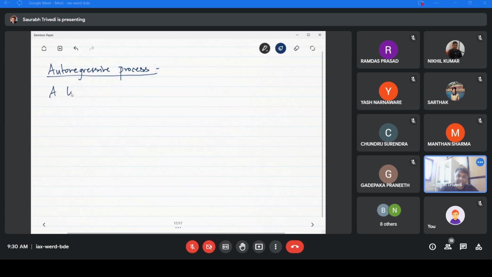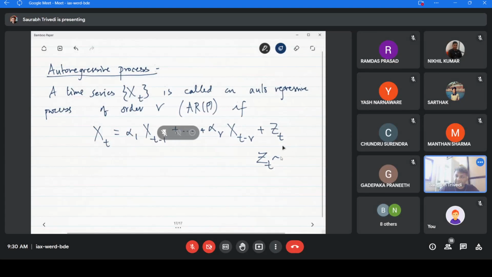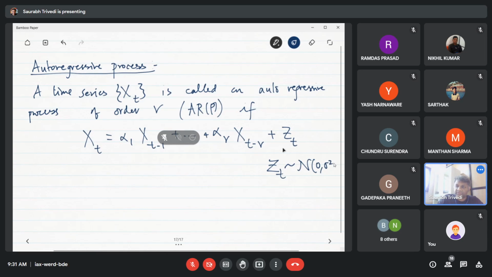Okay, so a time series xt is called an autoregressive process of order r, denoted by AR(r), if xt equals alpha 1 xt minus 1 plus dot dot dot alpha r xt minus r plus zt, where zt is normally distributed with mean 0 and variance sigma square.